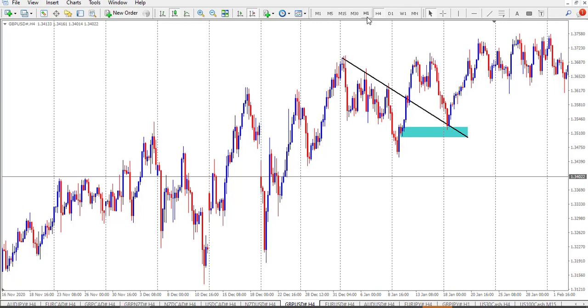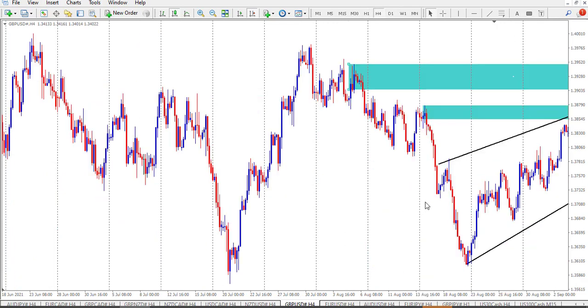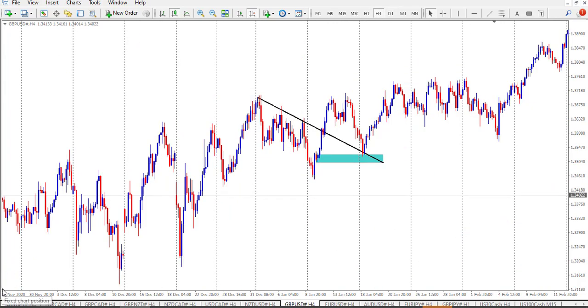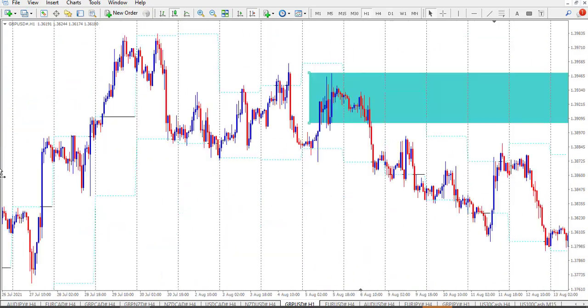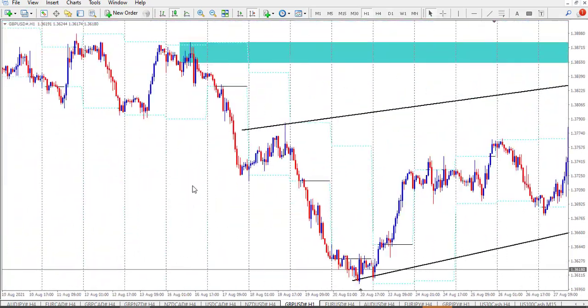We can. Let's see. So if you don't see the pattern on the time frame which you'll be looking at, you can go down to the lower time frame and try to see the pattern which we will be talking about, right?